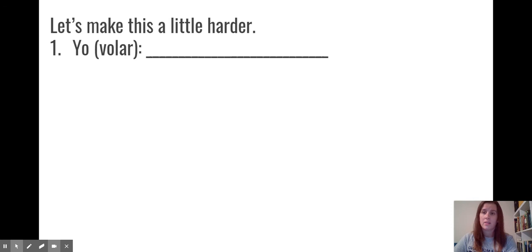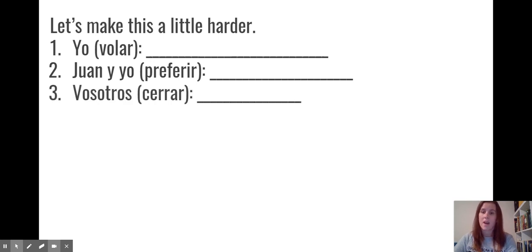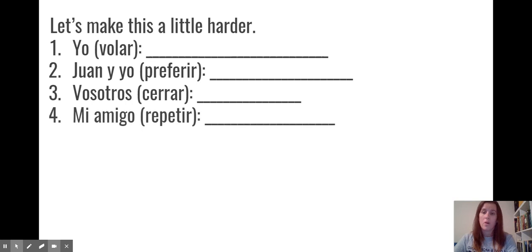Yo, volar. Volar is an O to UE stem changing verb. Juan y yo, preferir. Preferir is an E to IE stem changing verb. Vosotros, cerrar. Cerrar is an E to IE stem changing verb. Mi amigo, repetir.